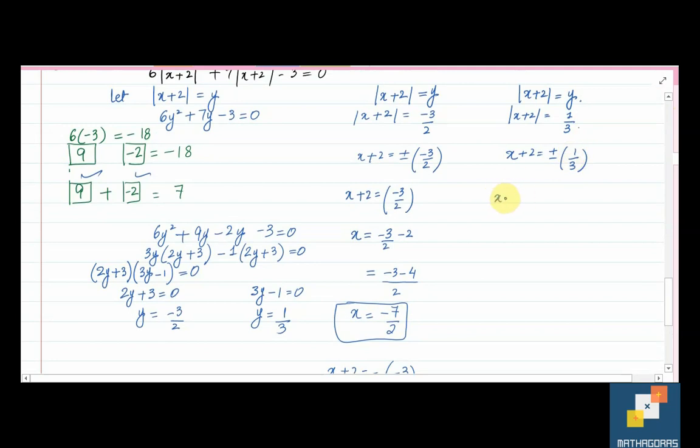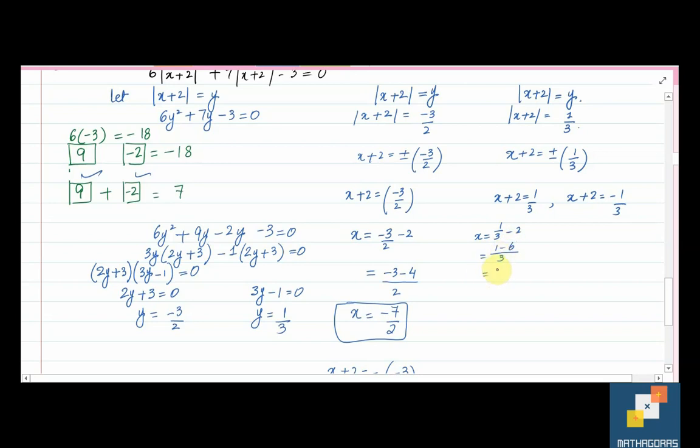So x plus 2 is equals to 1 upon 3 and x plus 2 is equals to minus 1 upon 3. X is equals to 1 upon 3 minus 2. It will be 1, taking LCM 3, minus 3 times 2 is 6.